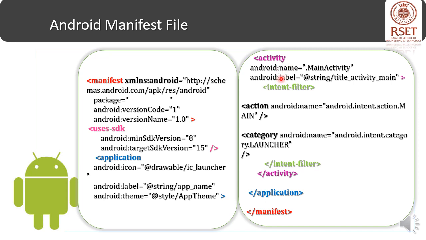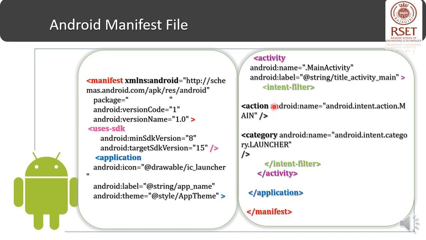Now, another sub-element which you can see inside activity is intent filter, which you have already studied. This is the beginning of the intent filter tag, and this one shows the end of the intent filter tag. Usually, intent filters have a category and an action tag.